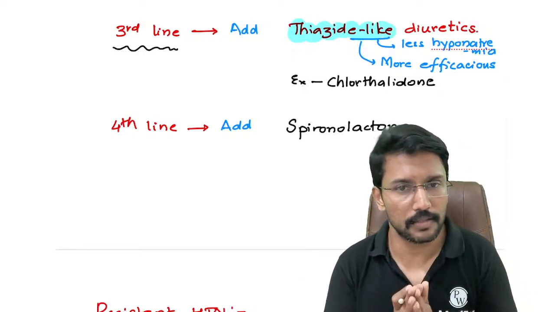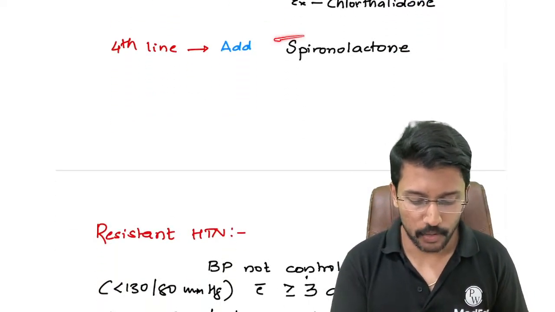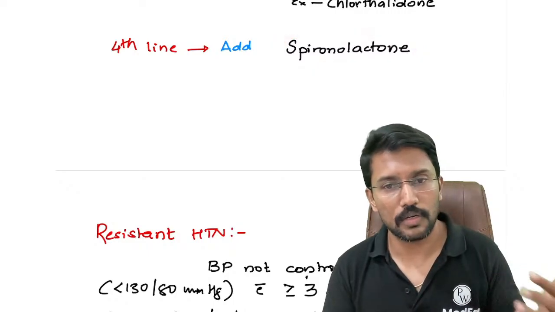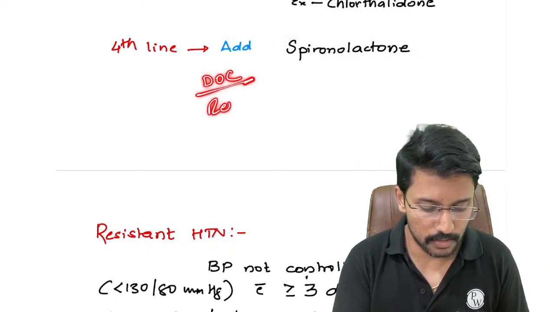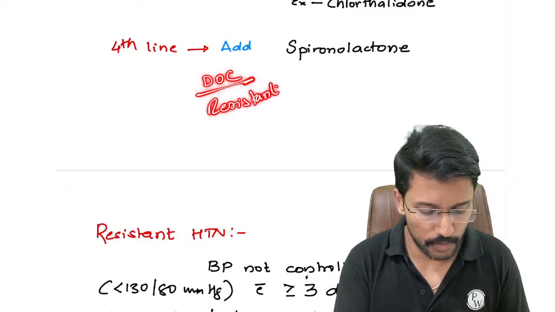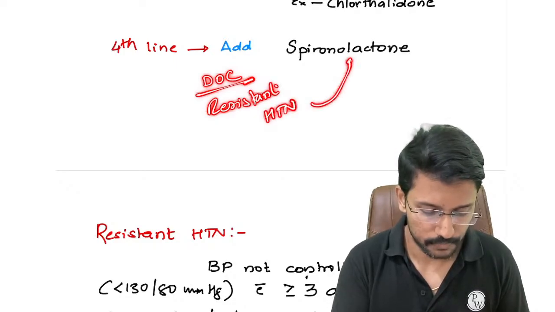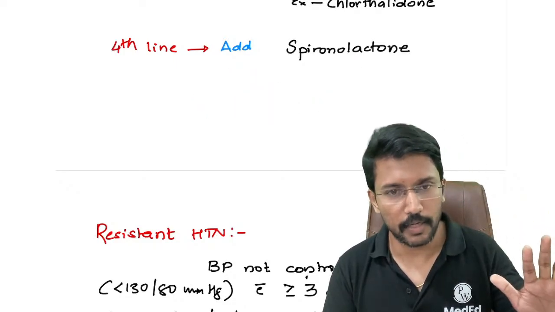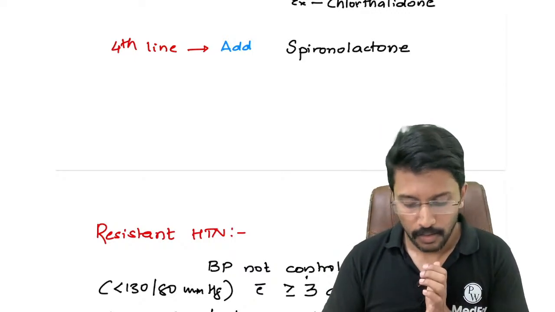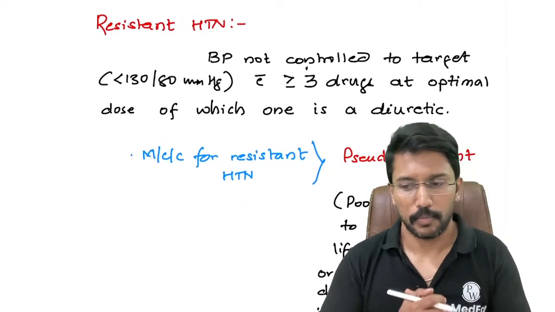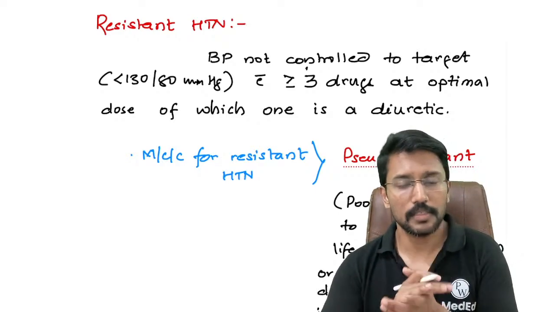Okay, so first we will look at the drug. The drug that we will add is spironolactone, an aldosterone receptor blocker. In fact, if they ask you the drug of choice for resistant hypertension, the answer should be spironolactone. We will start with spironolactone and then we will investigate the cause for resistant hypertension. So let's understand a little bit about resistant hypertension. What is resistant hypertension?